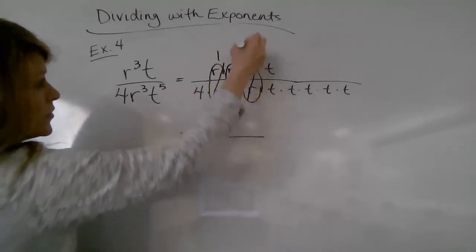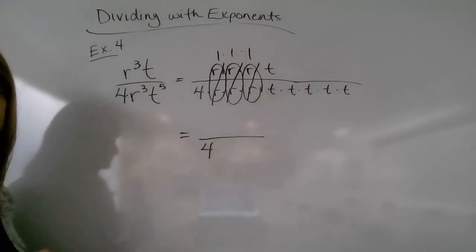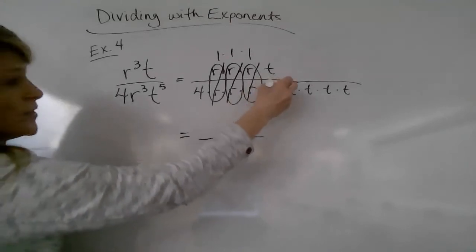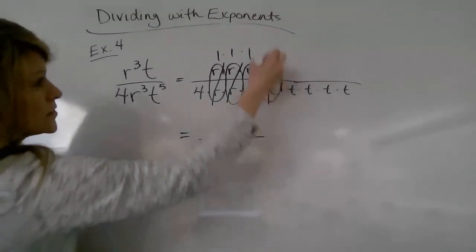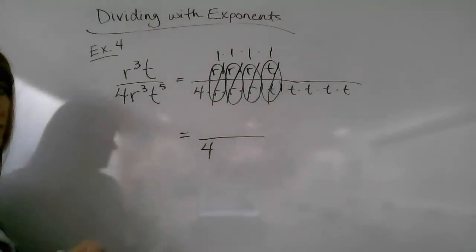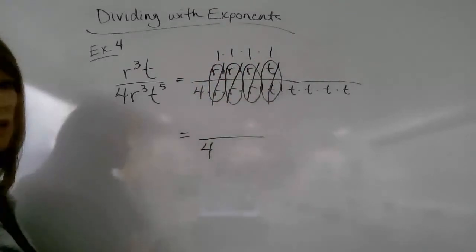We have 3 r's over r's. They all equal 1. T's. This t can be paired up with this t. T over t also equals 1. And what we have left is 1 times 1 times 1 times 1, which is 1.